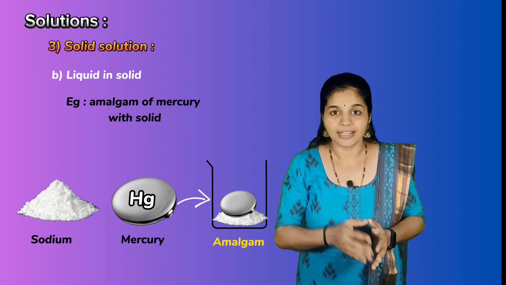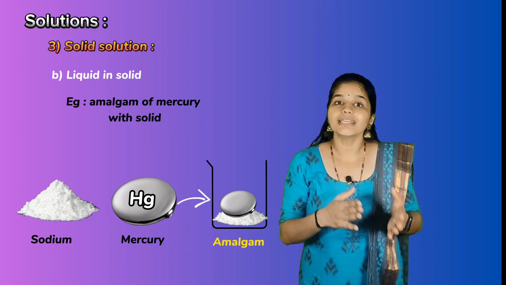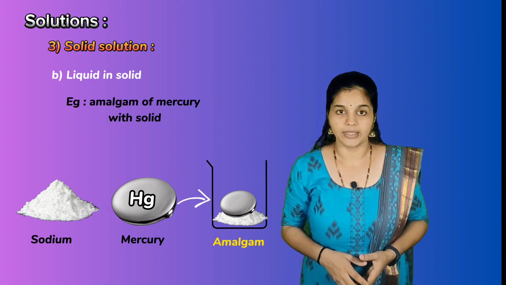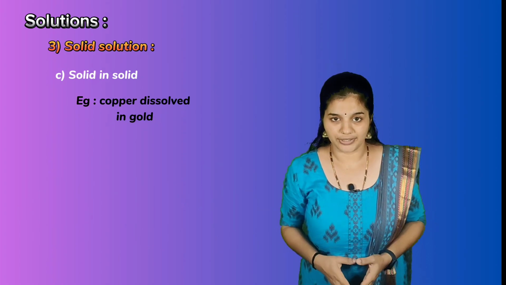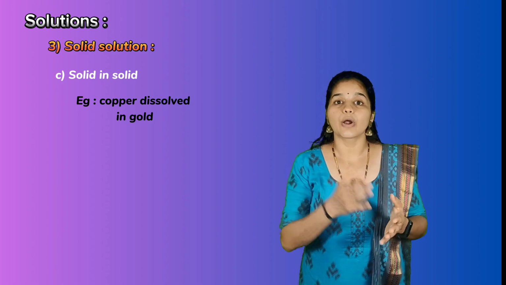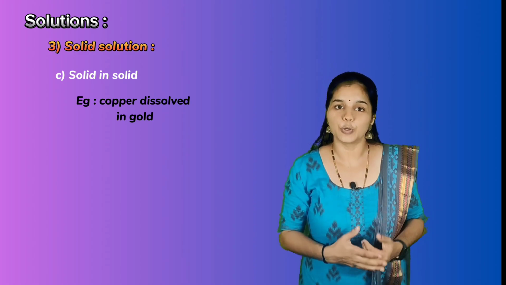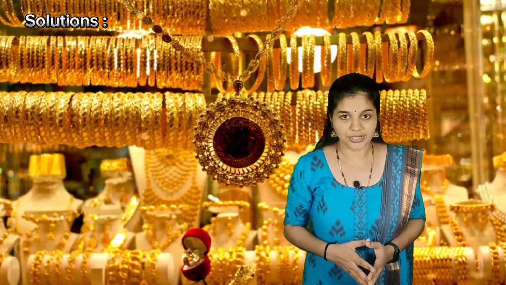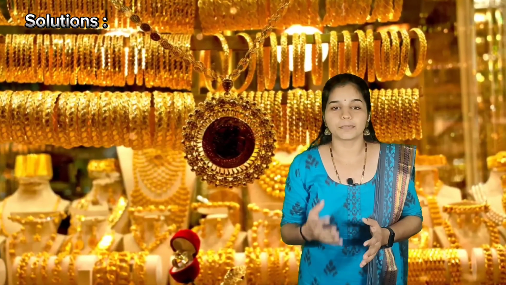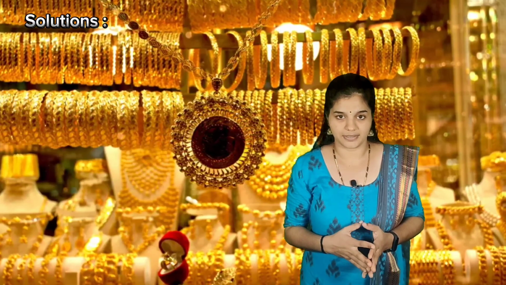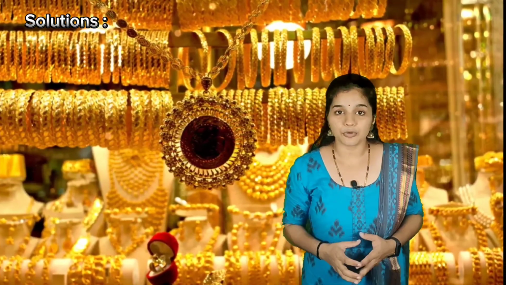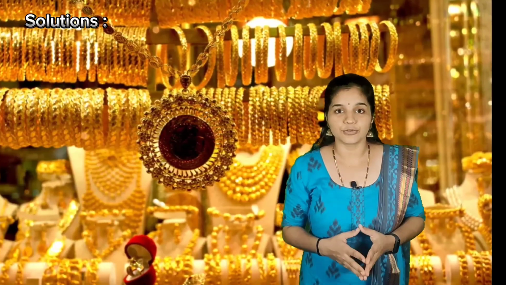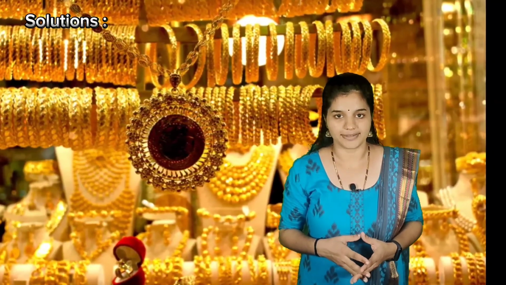Mercury is a liquid at room temperature. When mercury is mixed with any other metal, it is called amalgam. Third is solid in solid. Example is copper dissolved in gold. Since pure gold is very soft in nature, it cannot be used to prepare ornaments or jewelry. So a small amount of copper is mixed with gold, which is made use of in the preparation of ornaments.